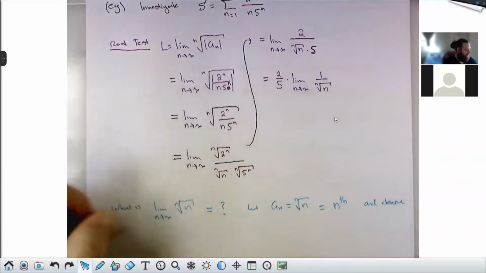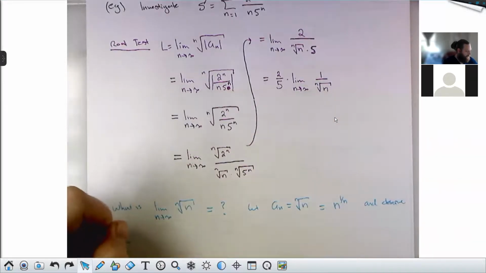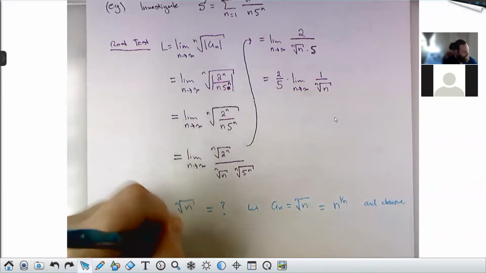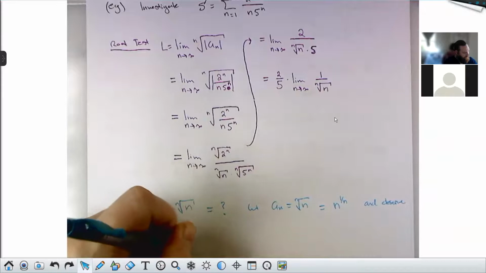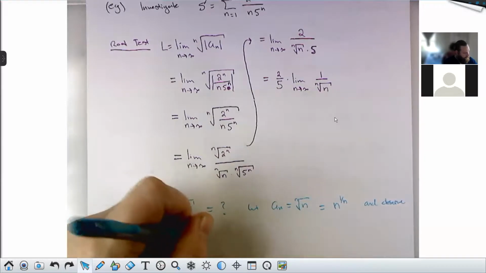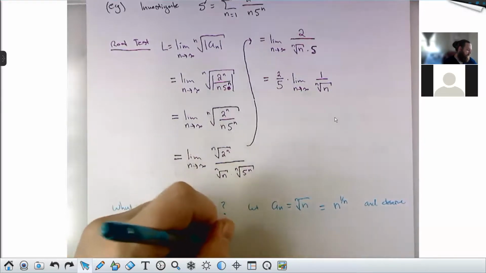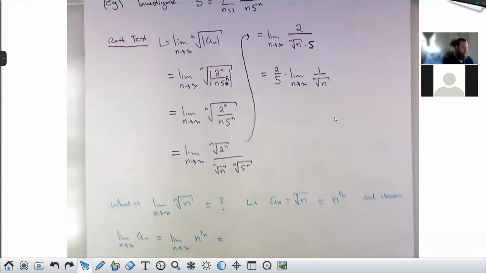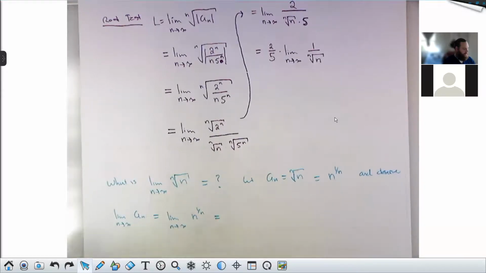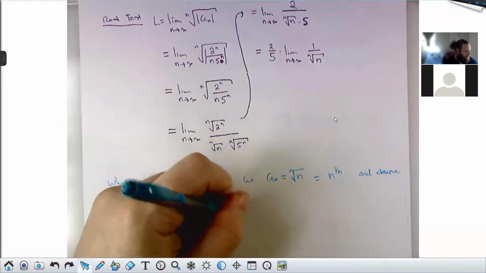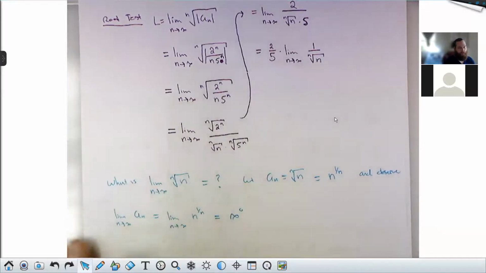And observe that the limit as n goes to infinity of a_n here would be the limit as n goes to infinity of n to the 1 over n. The power there, 1 over n, goes to 0, right? 1 over n on its own goes to 0, but the base n is going to infinity. So this is like infinity to the 0.